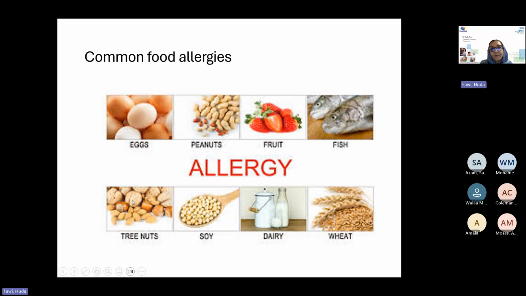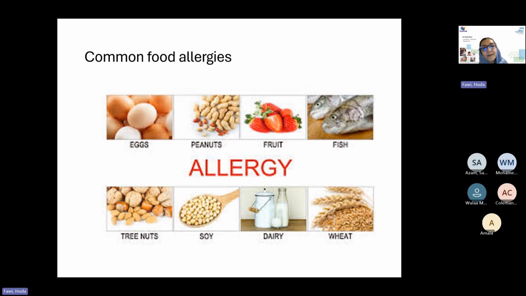There are common food allergies that we inquire about in the history. So milk and soya, peanuts and tree nuts, eggs, wheat, fish. And there are other increasing allergies nowadays. So we've got sesame, we've got kiwi.